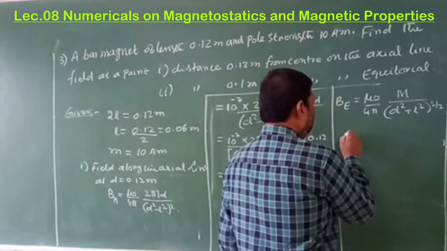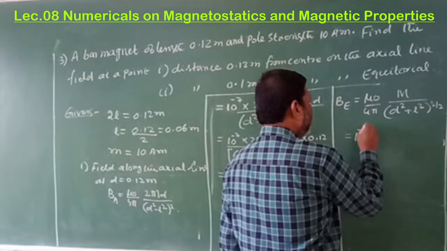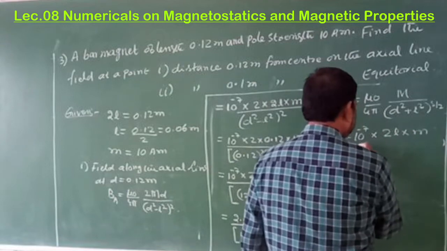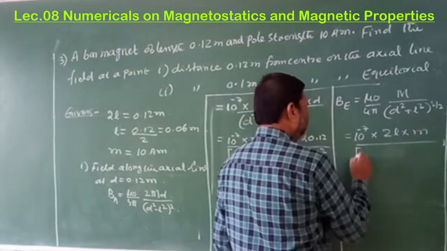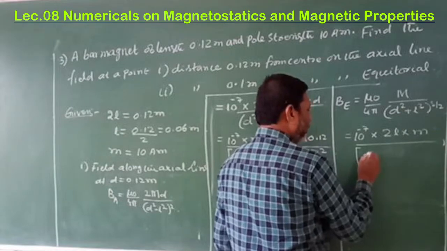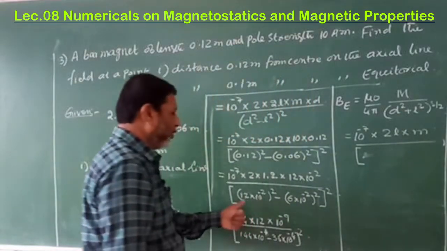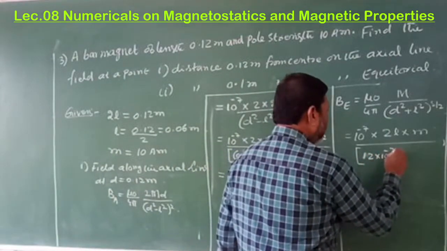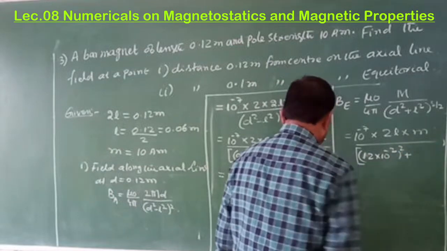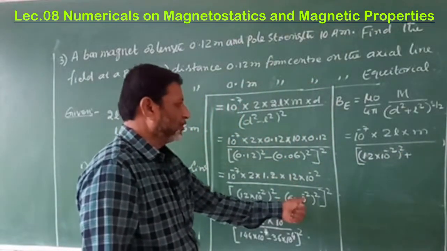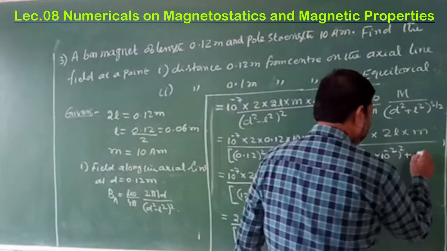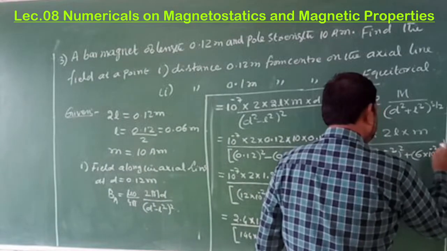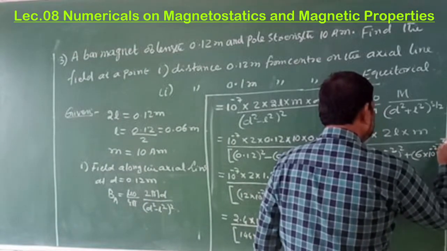Now substitute all the values: 10 to the power of minus 7, 2L into m divided by d square, where d is 0.12, written as 12 into 10 raised to minus 2 square, plus 6 into 10 raised to minus 2 whole square, raised to 3 by 2.